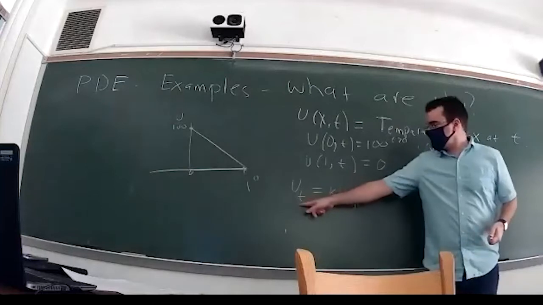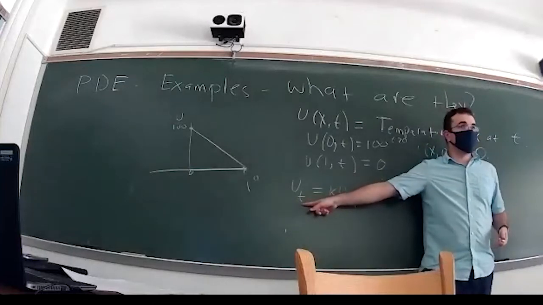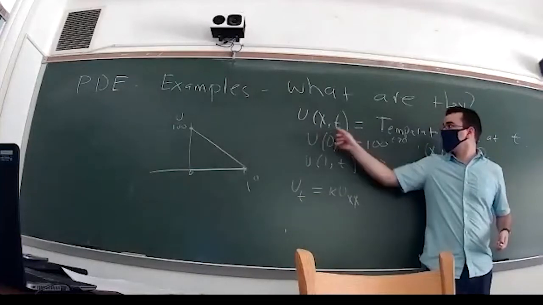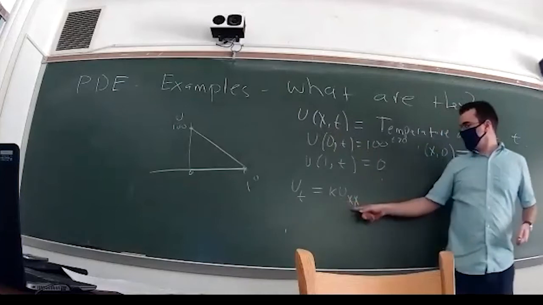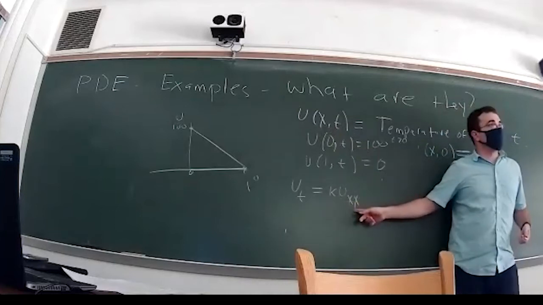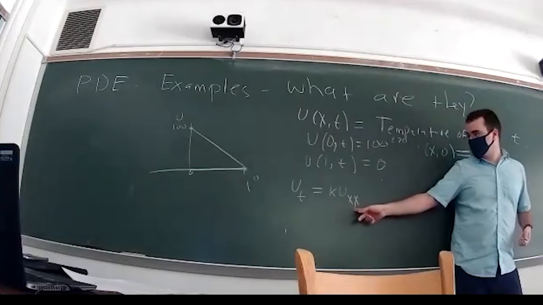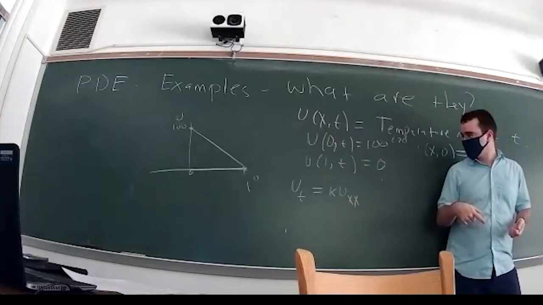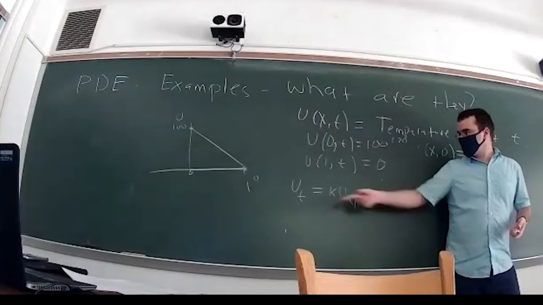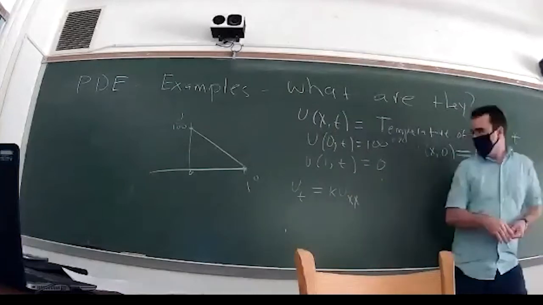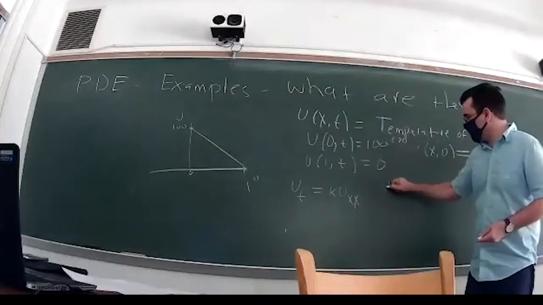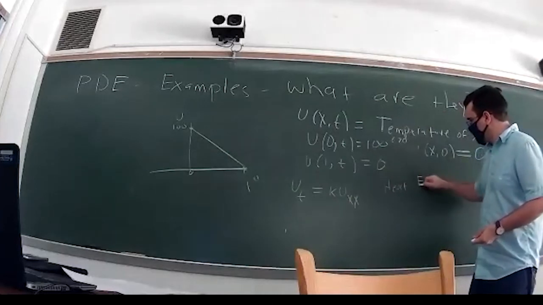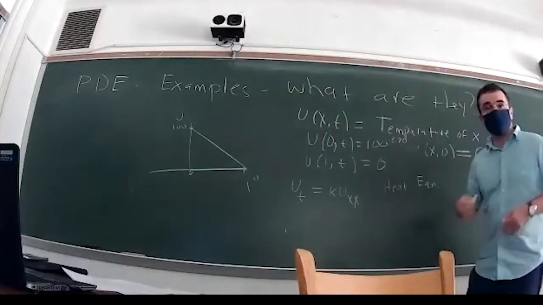So this is a partial derivative of u with respect to t. U has 2 variables. This is the second partial derivative of u with respect to x. That's standard notation that you'll see throughout the text. This k is a constant of proportionality. So this is called the heat equation, also called diffusion.